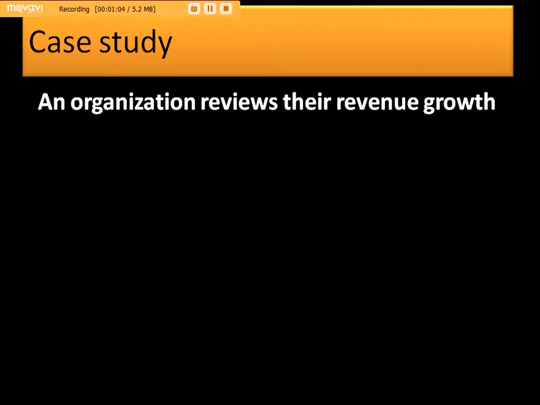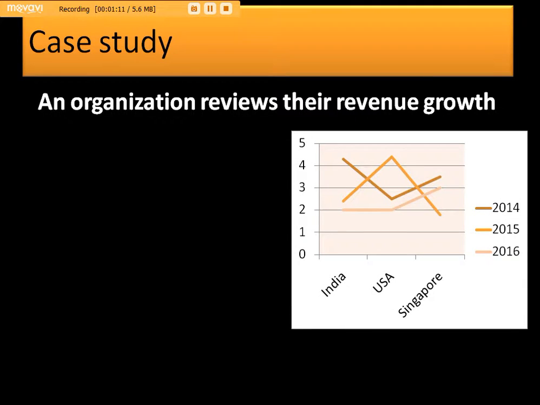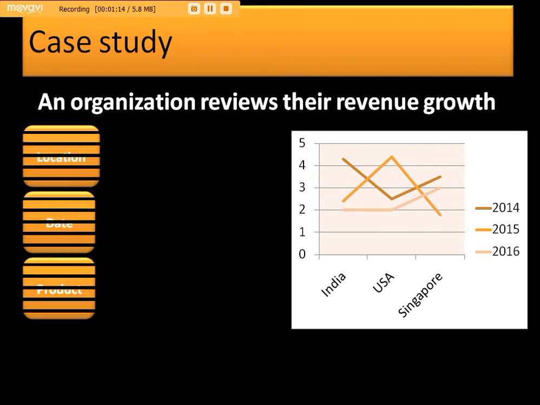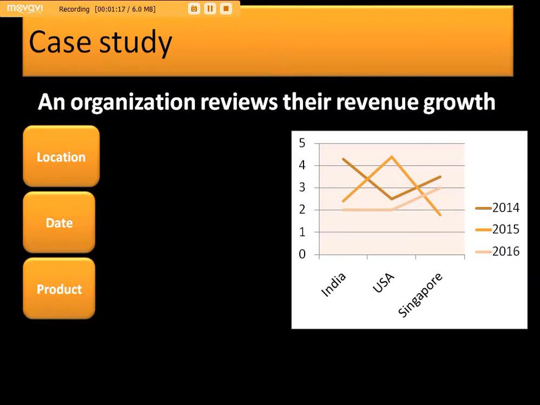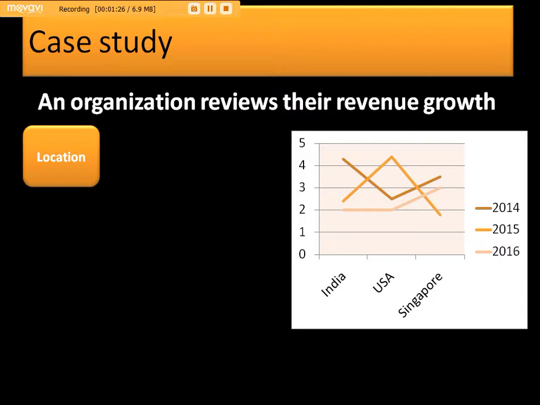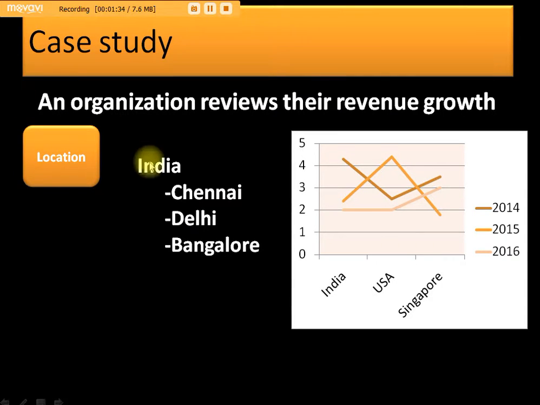An organization has been running for the past few years. They have reporting data with analysis. They are going to review the revenue growth based on the location, date, and product dimensions. First, when you take the location, there could be different hierarchies. India, and within India itself you can see Chennai, Delhi, and Bangalore.